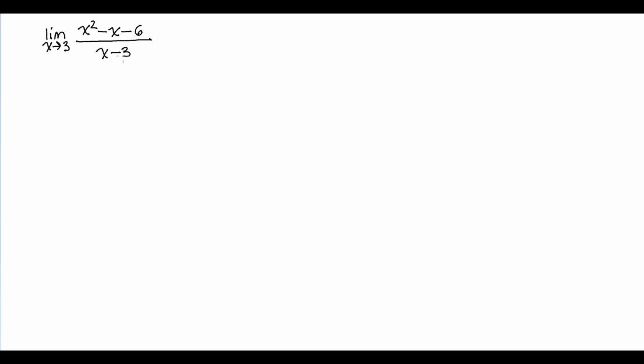Okay, so this is our limit. Let's try the method of direct substitution. This should just be equal to 3 squared minus 3 minus 6 over 3 minus 3. So we have 9, 3 squared is 9, minus 3 is 6, minus 6 is 0, over 3 minus 3 is 0. So you have 0 divided by 0.